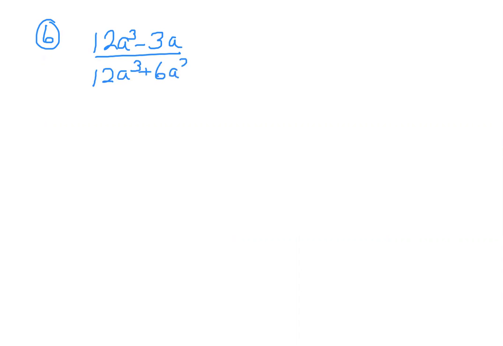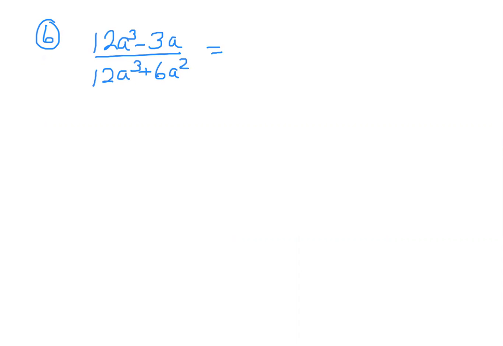All right, let's look at number 6. We're getting more complicated. 12a cubed minus 3a over 12a cubed plus 6a squared. All right, what can we factor out of the numerator?